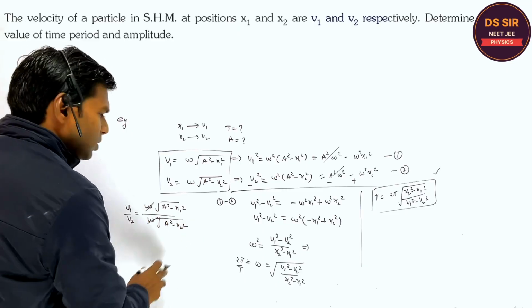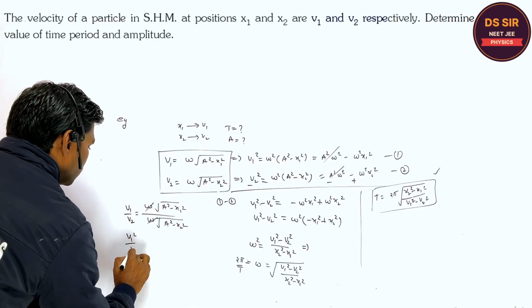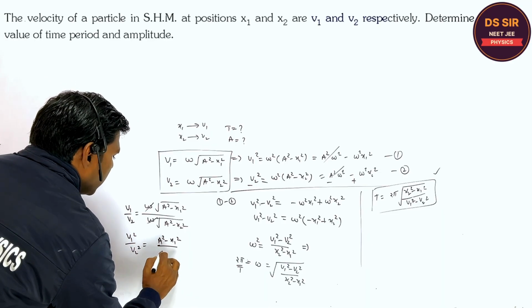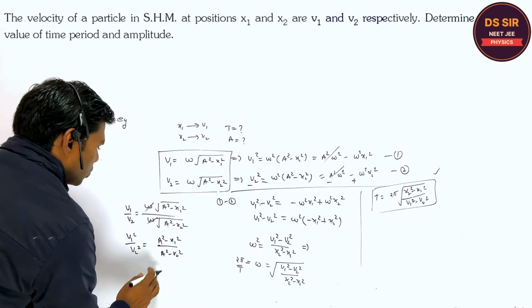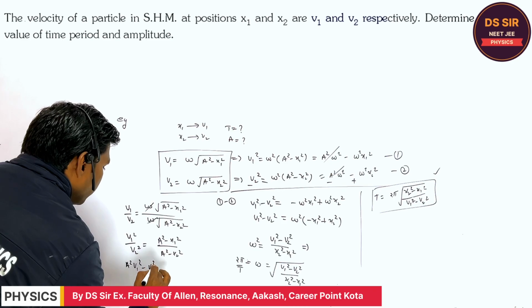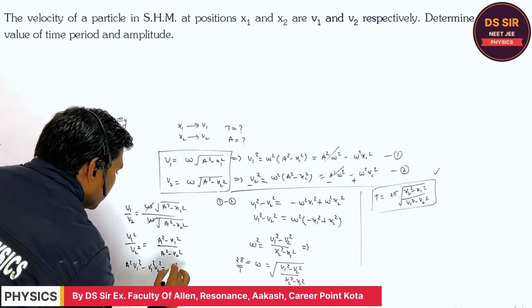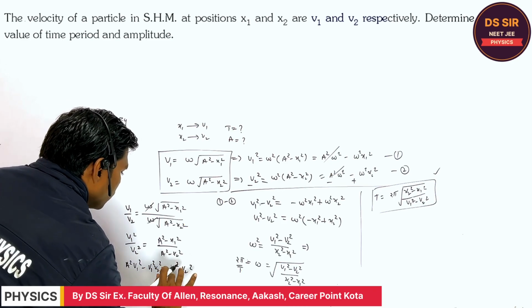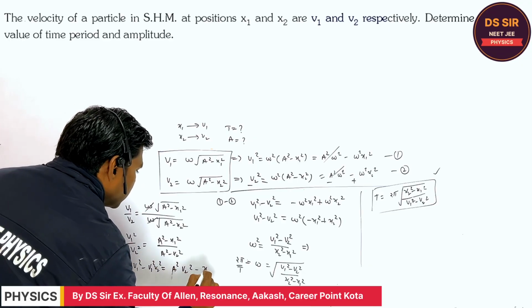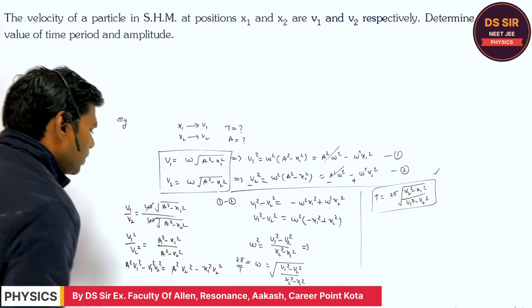Omega will cancel out. Square both sides. It is equal to (a squared minus x1 squared) over (a squared minus x2 squared). Multiplying, a squared v1 squared minus v1 squared x2 squared is equal to a squared v2 squared minus x1 squared v2 squared.